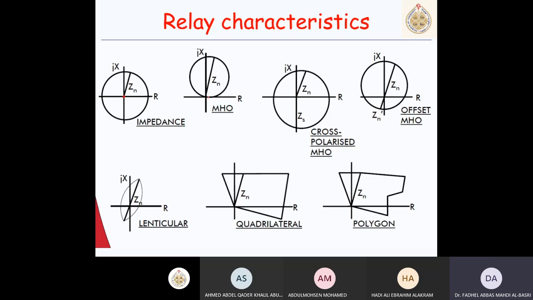Another characteristic is also a circle, but it crosses 0 here, so it is offset from 0. This is the center, and this is our setting, Z setting.